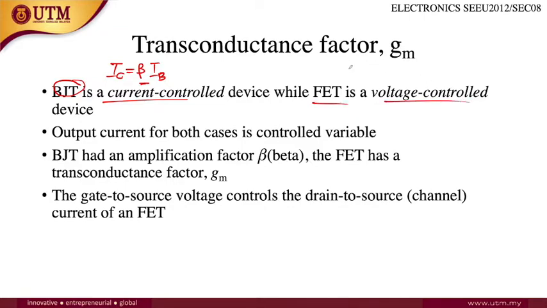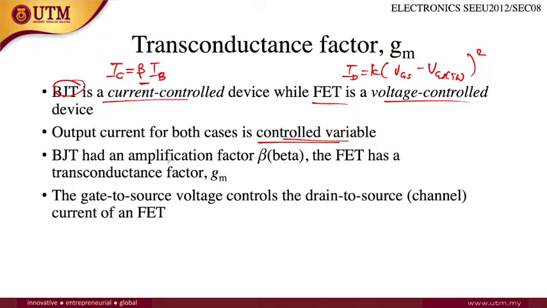Because based on Shockley's equation, ID equals K times (VGS minus VGSTH) squared. So that's why it is known as a voltage control device. For both cases, BJT and FET, the output current is the controlled variable.